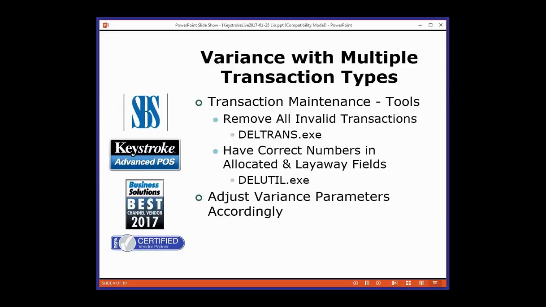Make sure you have correct numbers in the allocated and layaway fields, so that you've cleaned up old orders and old layaways. That uses the del util function. And then you want to adjust your variance parameters accordingly.